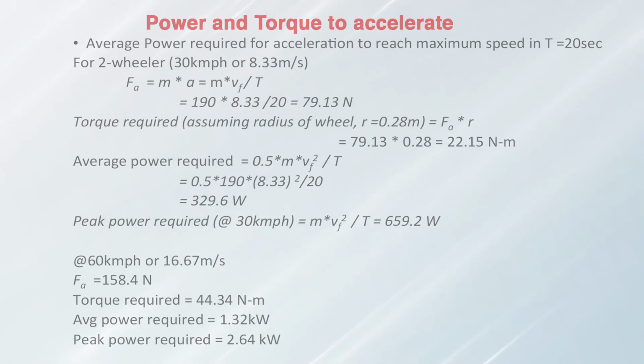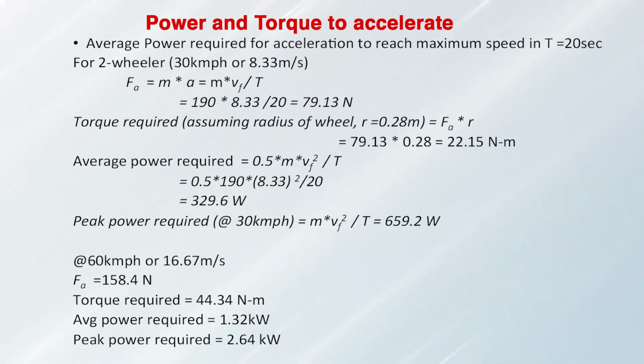Suppose I am considering a reverse case, that is, I am fixing the time. I want to calculate the average power required for acceleration to reach maximum speed in 20 seconds. I am first considering a two-wheeler. In a two-wheeler, I calculate the force F equal to m into a, that is m into v f by t.